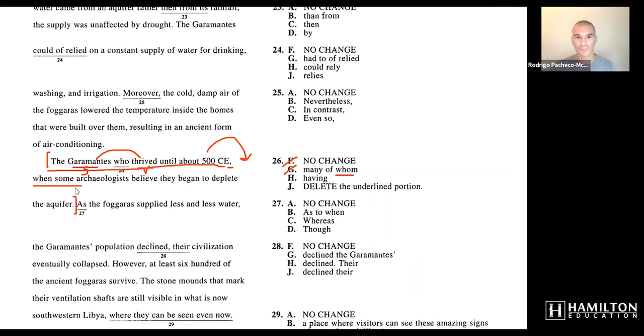So that's not going to work. That's going to mess with the sentence structure. Again, what we need is independent, and then what follows is a dependent clause. So we're going to delete the underlined portion here, since we already have our subject and verb.